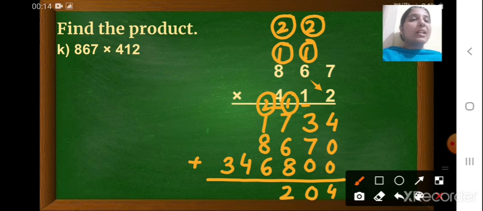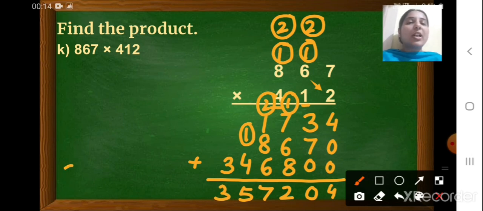Now 2 plus 1, 3. 8 plus 3, 11. 11 plus 6, 17. So 7 we will write here. 1 will be carried over to the next place. So 4 plus 1, 5. And there we will write 3. So what is the product obtained here, children? 3,57,204.